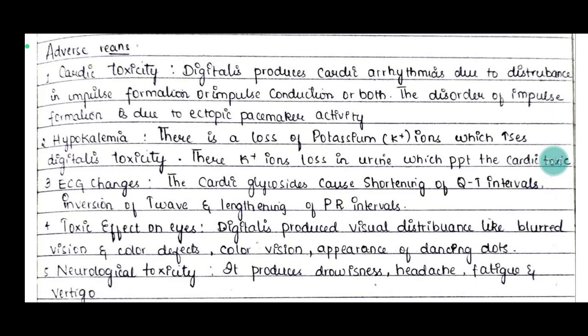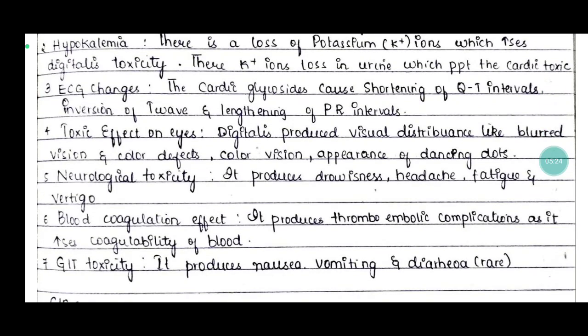Neurological toxicity produces drowsiness, headache, fatigue, and vertigo. The blood coagulation effect will produce thromboembolic complications, as it increases the coagulability of the blood. And GIT toxicity produces nausea, vomiting, and, in rare cases, diarrhea.